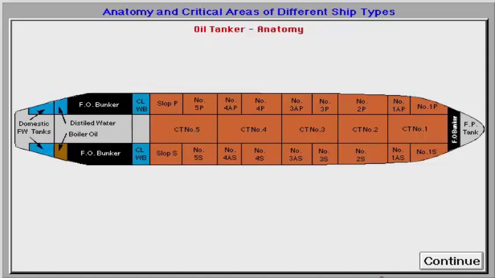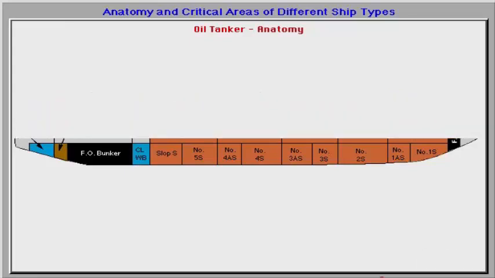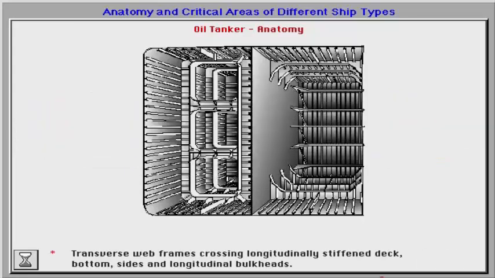The structural arrangements of a traditional single-skin oil tanker are transverse web frames crossing longitudinally different deck, bottom, sides and longitudinal bulkheads.